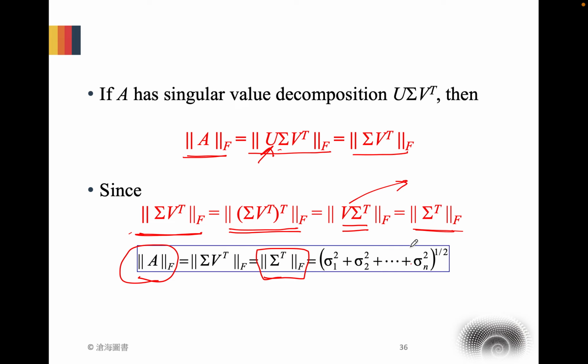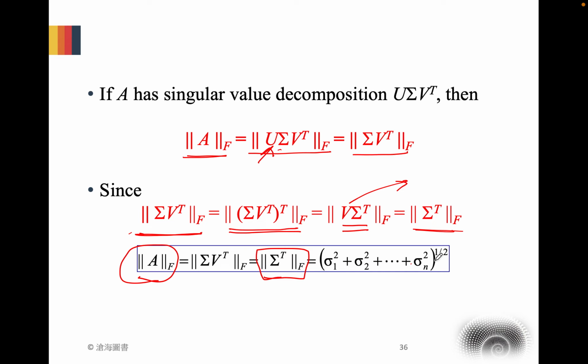The Frobenius norm of the matrix A is equal to the square root of the sum of the squares of the singular values. This is called the Frobenius norm of this matrix.